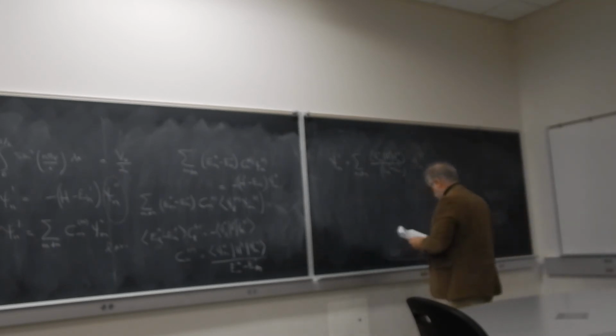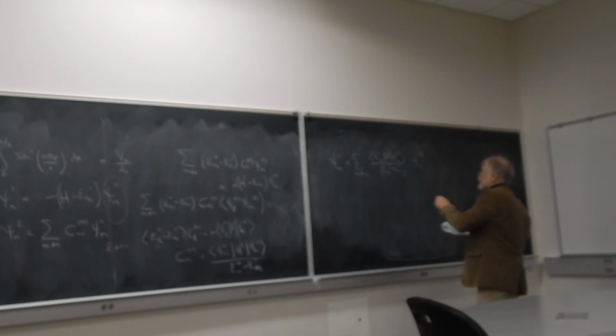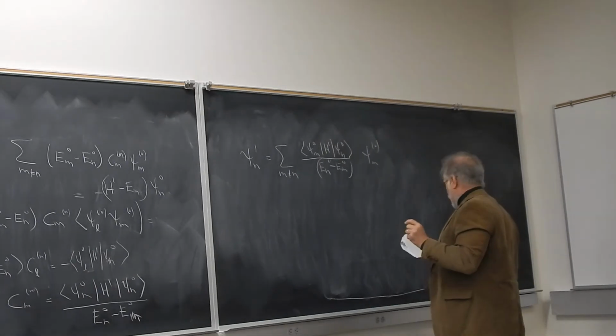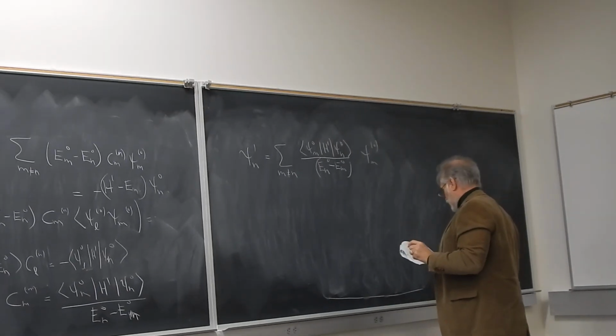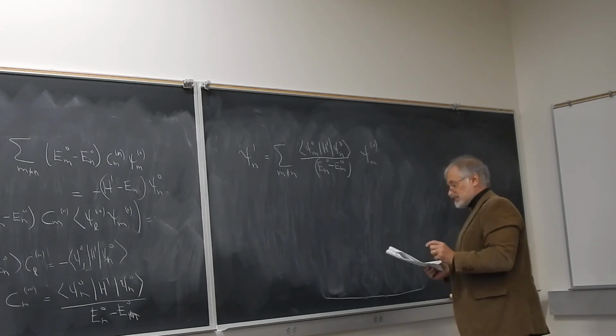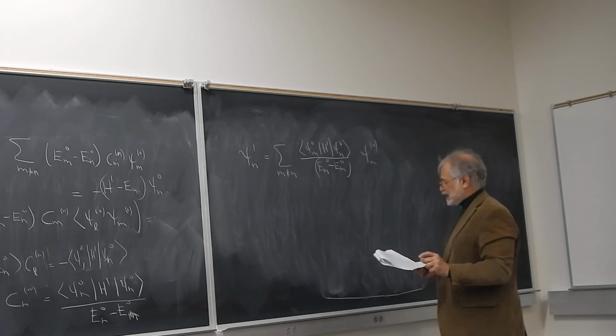So this works as long as the denominator doesn't turn out to be 0. In other words, as long as the two states don't share the same energy, it's non-degenerate.